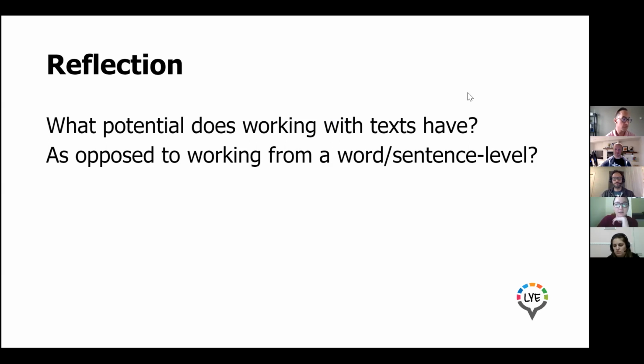Can I ask, just to clarify, what is exactly working from a word or sentence level? When Mike talked a little bit about the ESL classroom, he showed an example of "Tom is a student. He studies every day." That's an example of working at a sentence level. A lot of the times we work at a word level. We show students just a word.